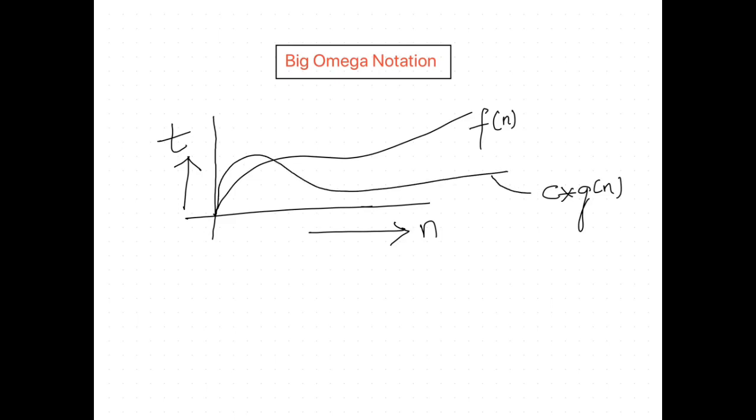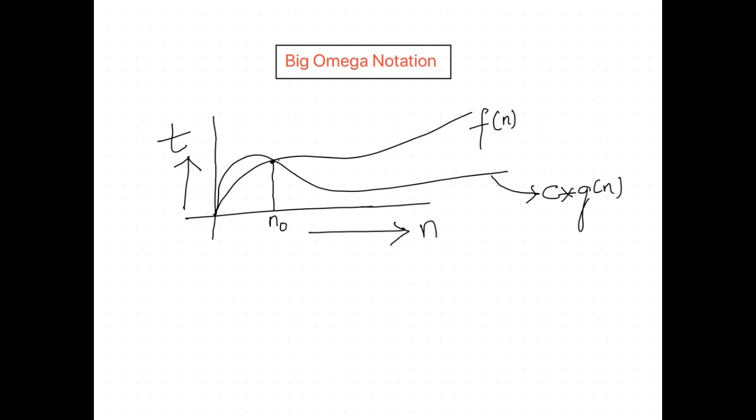Now this is the approximation function. Now you observe, after a certain point n naught, what is happening? This approximation function c into g of n is decreasing relative to f of n. This is what you need to observe.